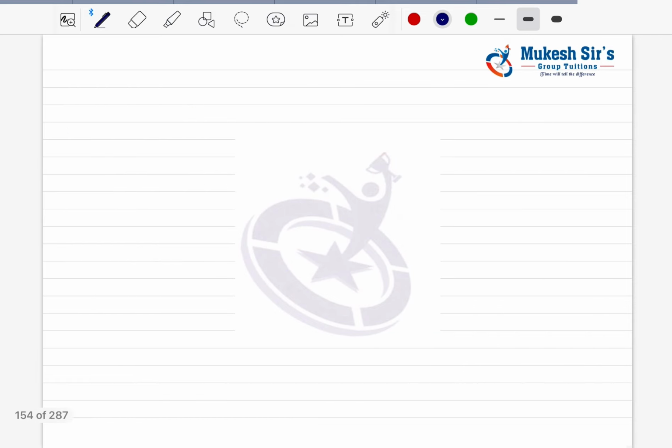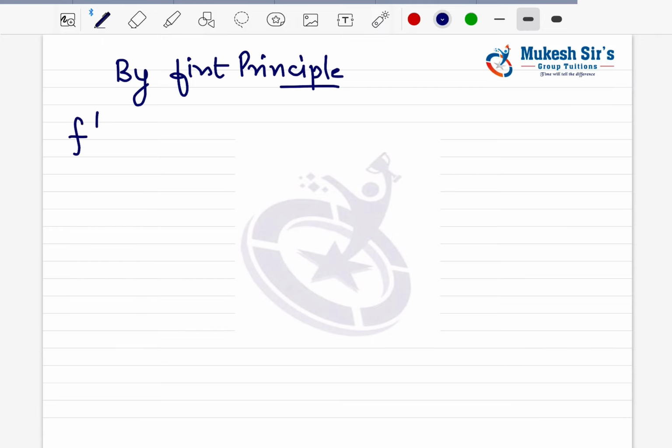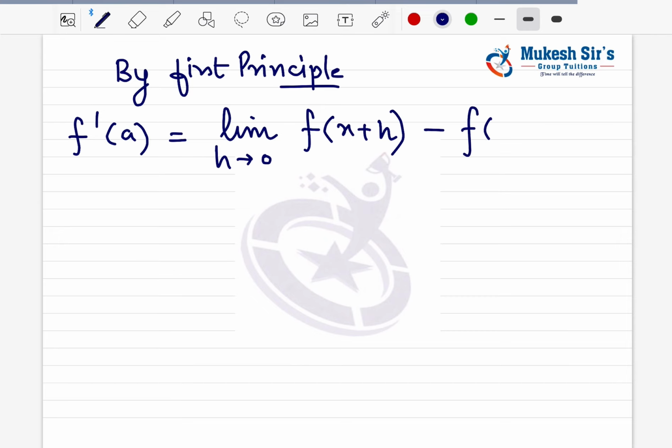Now you can use the formula by first principles. So f dash a, the derivative at x equal to a, will be equal to limit h tends to 0, f of x plus h minus f of x, or instead of x you can write a. So this becomes f of a plus h minus f of a, the whole divided by h.